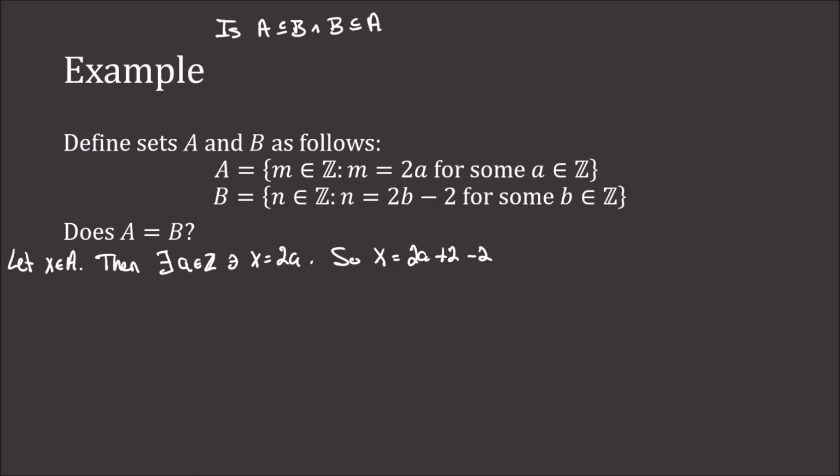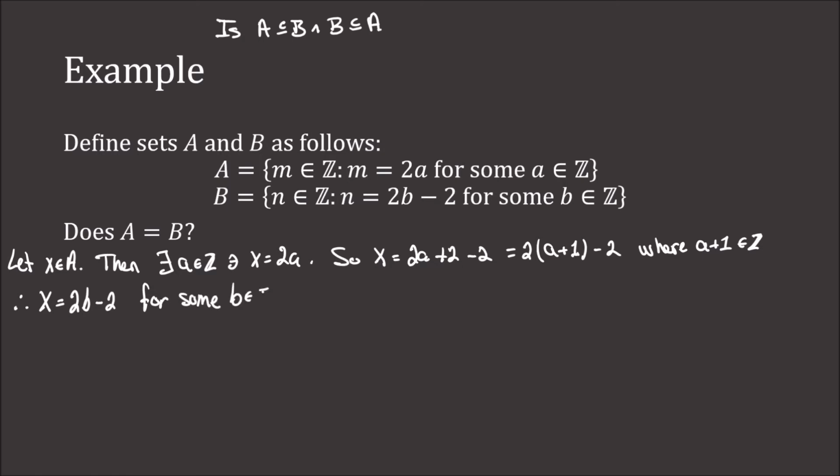You just add 0. Now I can factor out a 2 from the first two terms, so I'm left with 2 times (a plus 1) minus 2. But a plus 1 is an integer. So we just wrote x as 2 times an integer minus 2, which means that x is in B, which means that A is a subset of B.